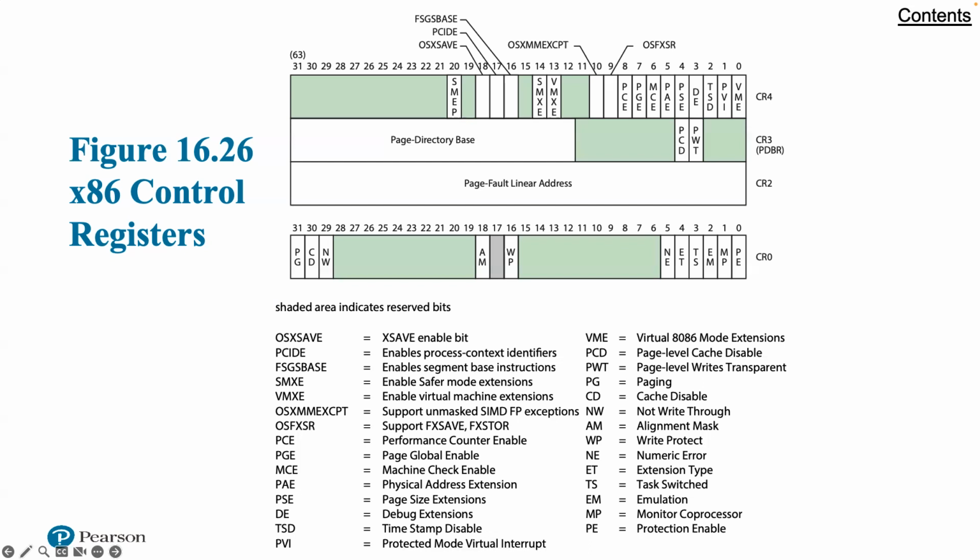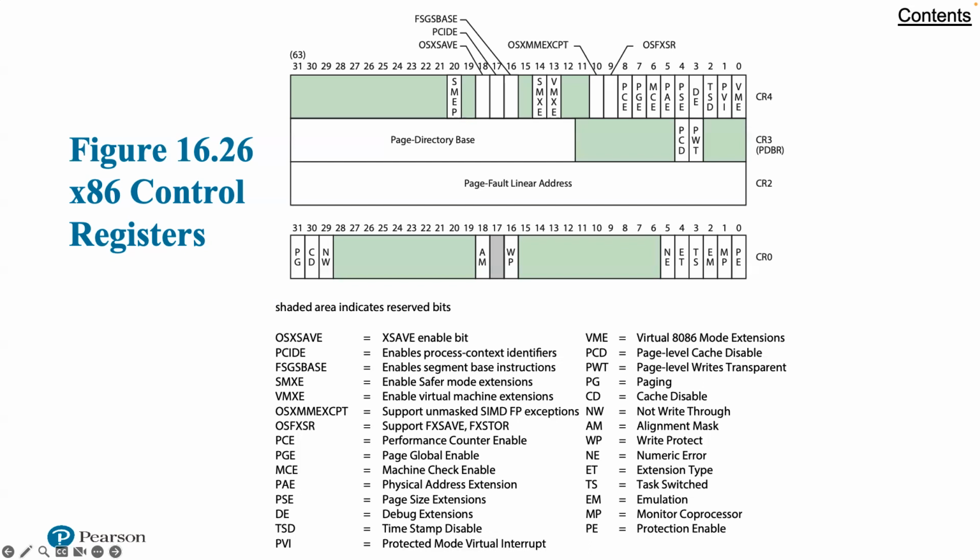And we have paging, PG, which enables or disables paging. When paging is enabled, the CR2 and CR3 registers are valid. The CR2 register holds a 32-bit linear address of the last page accessed before a page fault interrupt. The leftmost 20 bits of CR3 hold the 20 most significant bits of the base address of the page directory. The remainder of the address contains zeros.